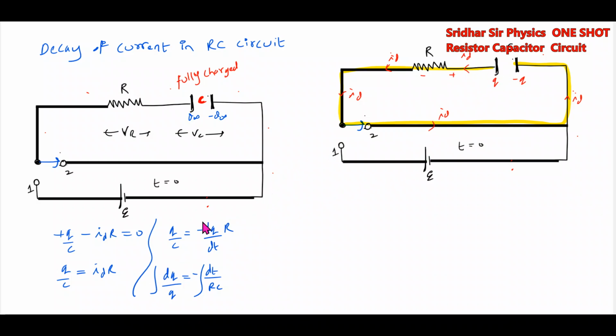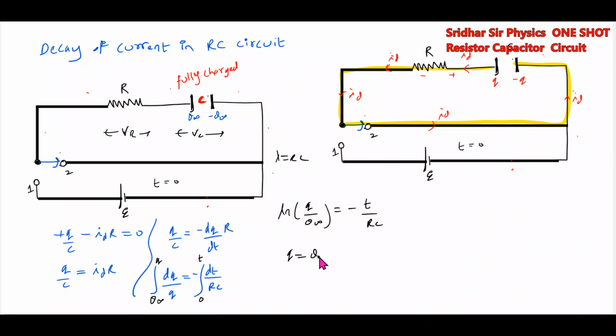It will start decreasing. At t equals 0, what was the charge? Q infinity. At any time t, let q be the charge. So this will become log of q by q infinity equals minus t by RC, where RC equals lambda, the time constant.